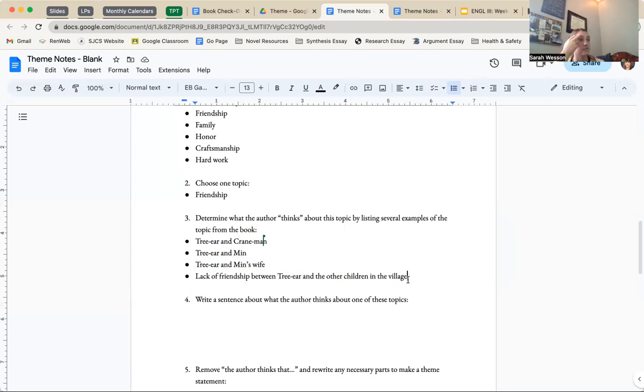We're going to ask ourselves, what could the author possibly be saying about friendship if these are the examples she gives? This is the most difficult part of finding theme.